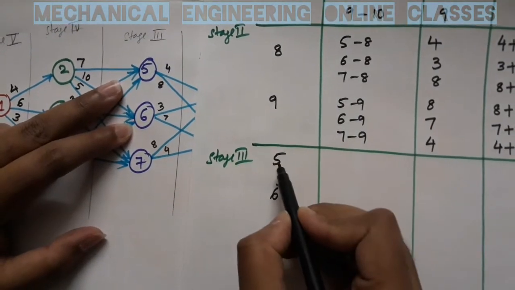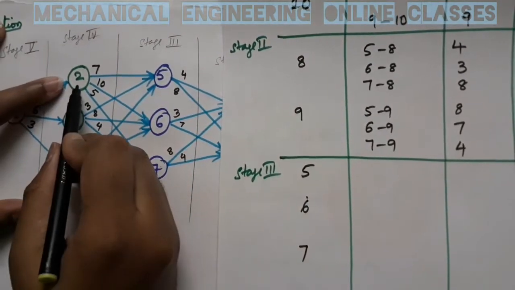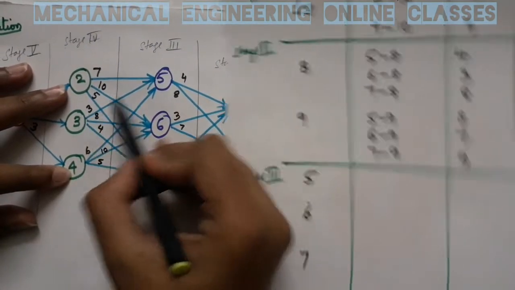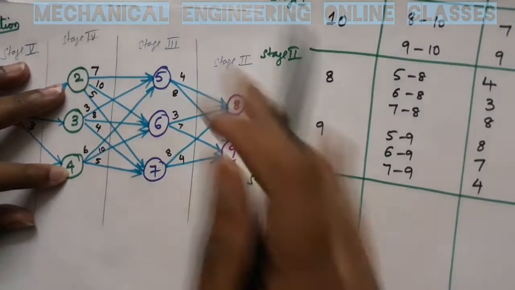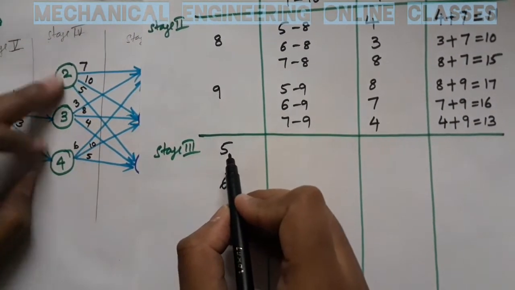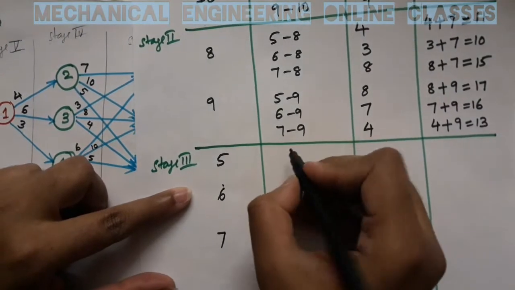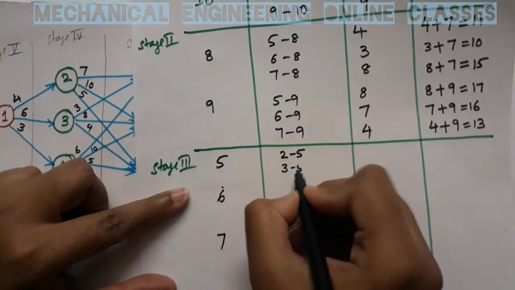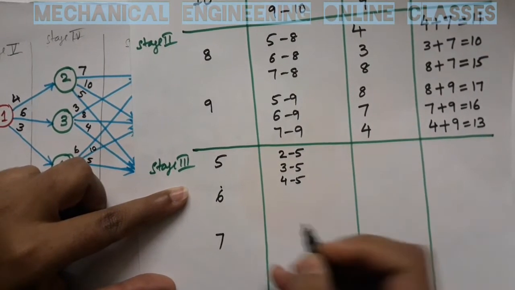I can reach this 5 via 2 or 3 or 4 because 2 to 5 exists, 3 to 5 also exists and 4 to 5 also exists. So we shall write all the possibilities: 2 to 5, 3 to 5, 4 to 5.